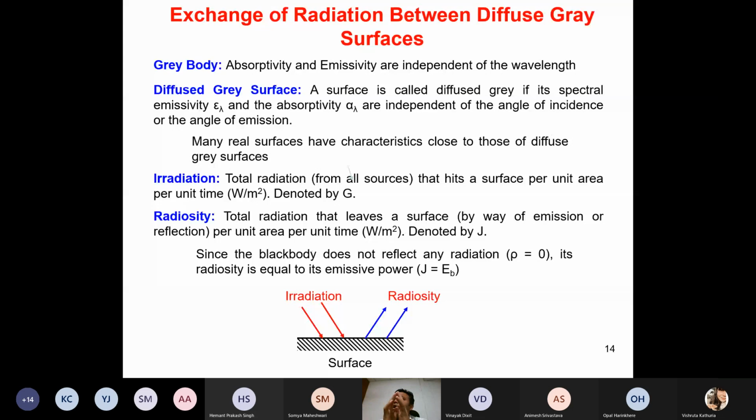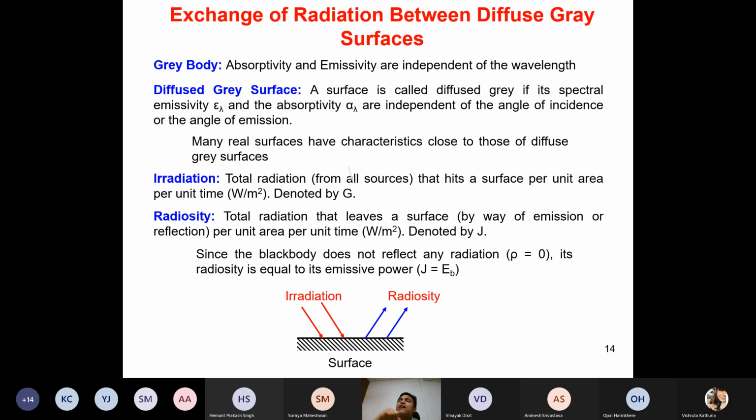Right, so now we are adding one more complication. We are considering a gray body, a body in between a real body and a black body. In a gray body, absorptivity and emissivity are independent of the wavelength. There is another concept, the diffused gray surface. Remember, in the earlier slides we said a diffused surface. A diffused gray surface is a surface whose spectral emissivity epsilon lambda and absorptivity alpha lambda are independent of the angle of incidence.